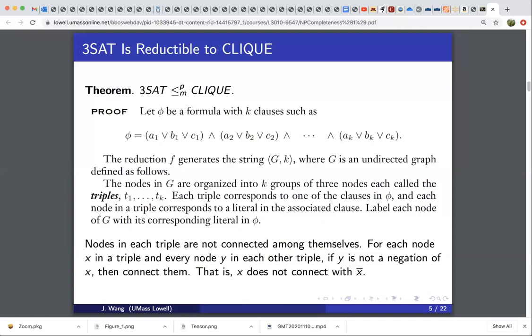And if the instance of the given problem is negative, under this mapping the instance of the other problem is also negative. That's what this reduction really means.